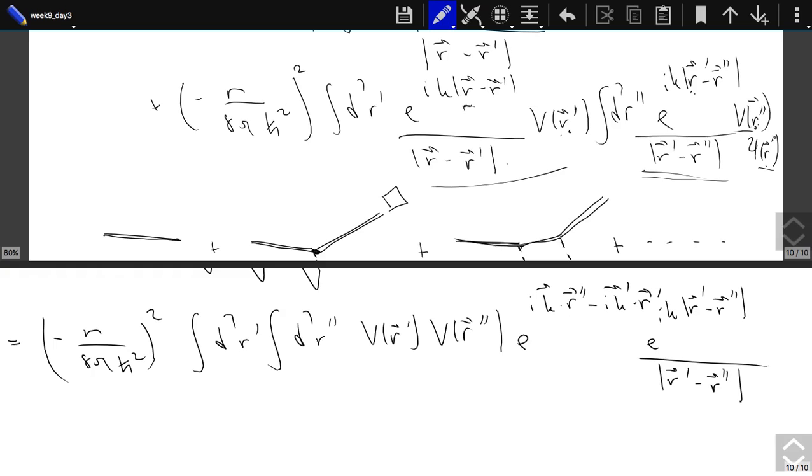So this is the second correction. We already have the first correction to f0 plus the f1, and this is f2.